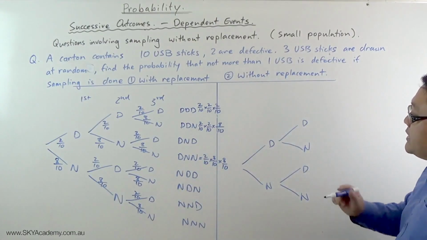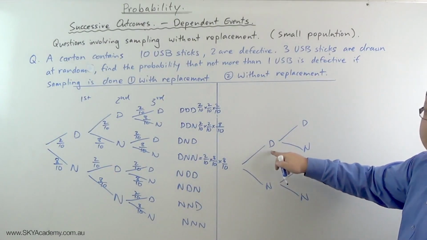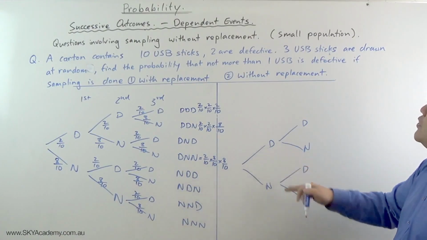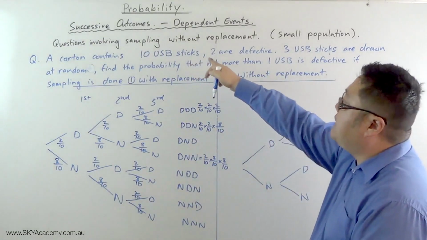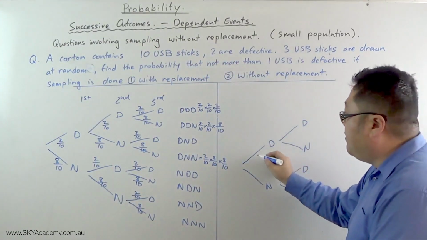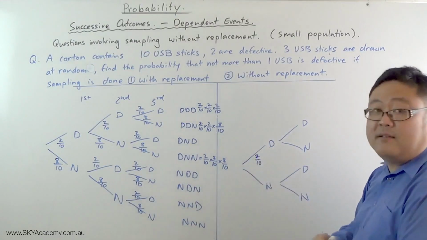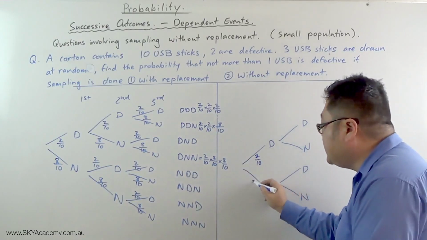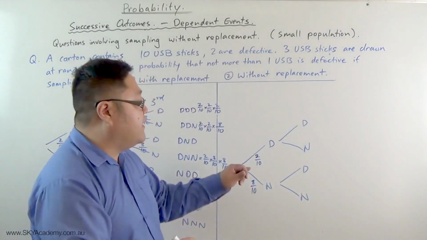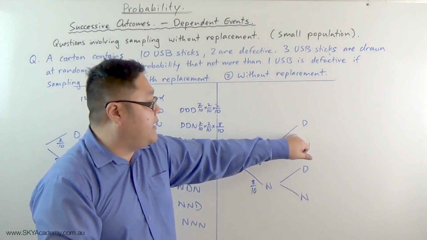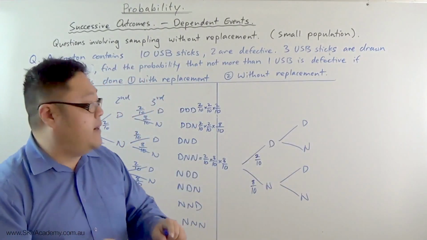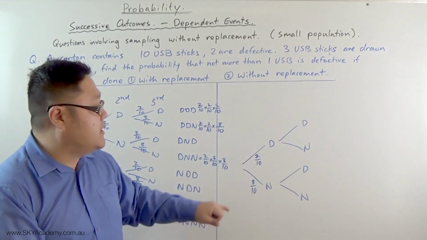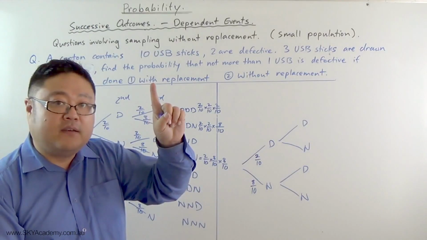Okay, so what is the probability of choosing a defective USB as your first choice? Well, there's 10 USB sticks, 2 are defective, so the probability is 2 out of 10. Yes? Got it? And what's the probability of choosing a non-defective? It's 8 out of 10. Let's go over here. What is the probability of choosing the second one being defective? Well, we've already chosen one of the defective ones, right? So there's only one defective one left, right?